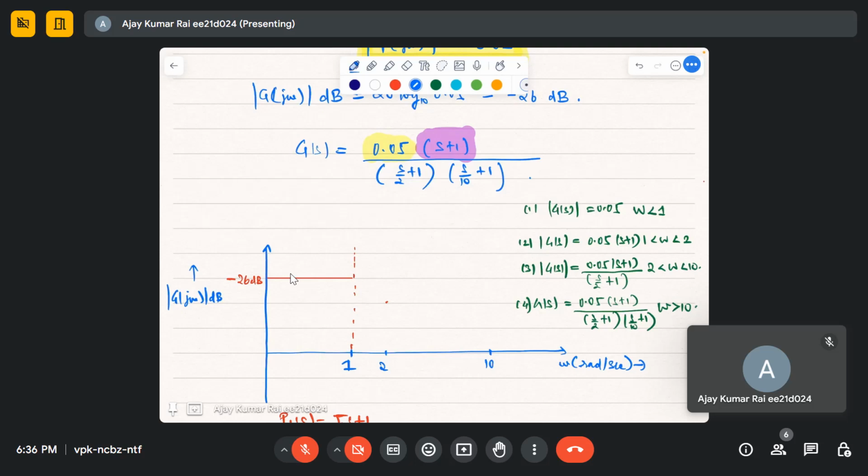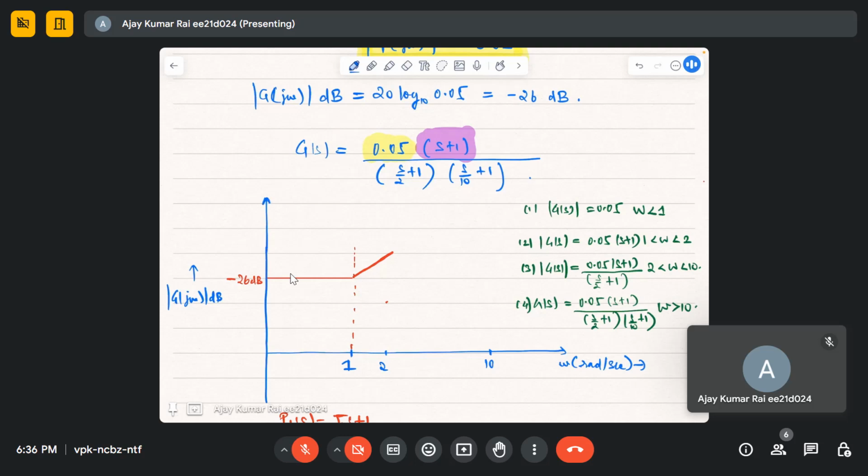Just like this. This is the approximate plot. I'm not writing what the magnitude is at omega equal to 2.